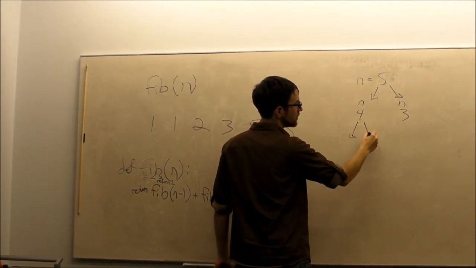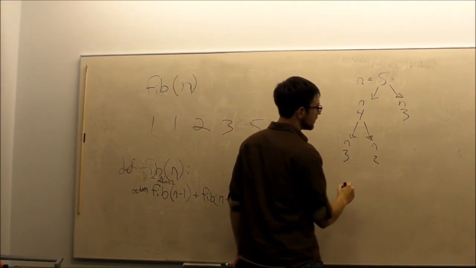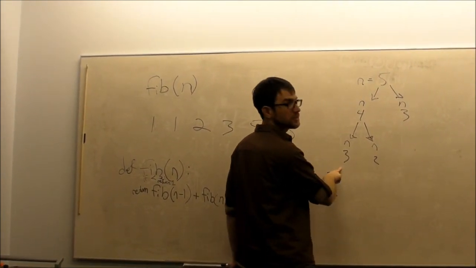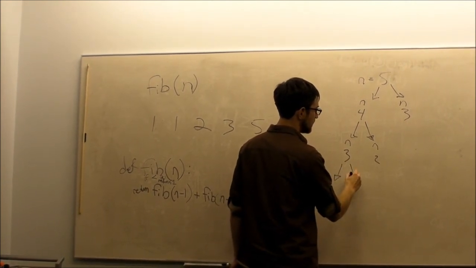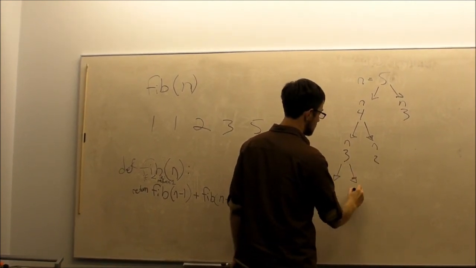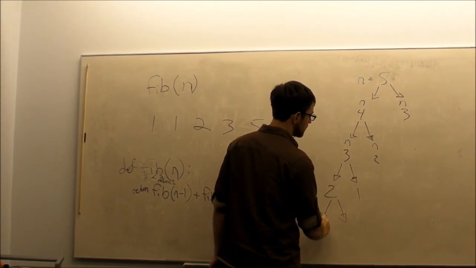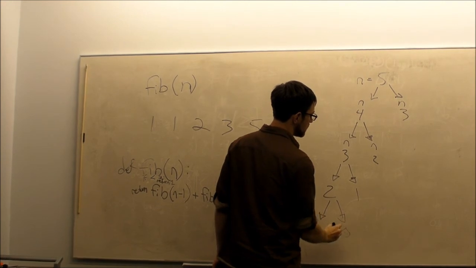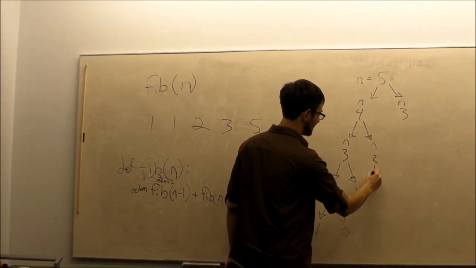What does this get split into? 2, 1, 1. Does this get split into 1, 1, 0, 0, 3?